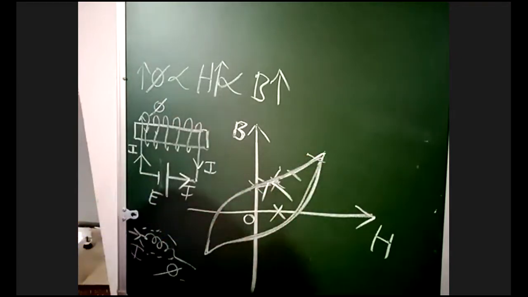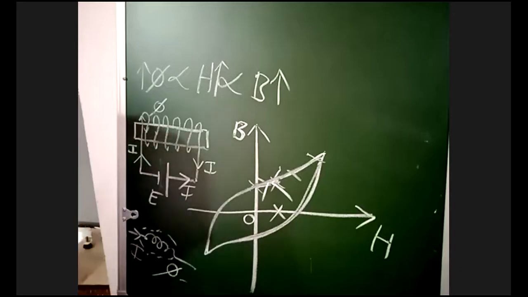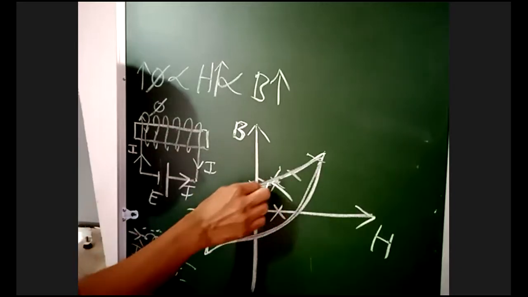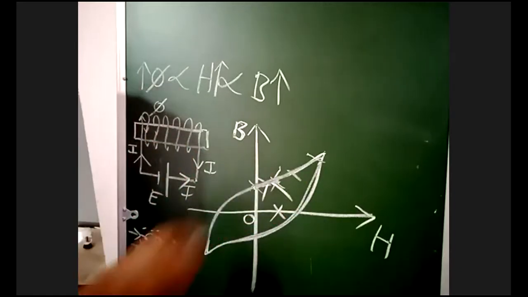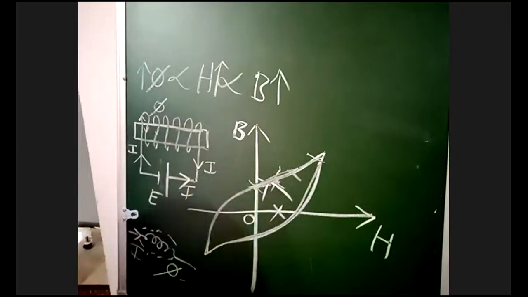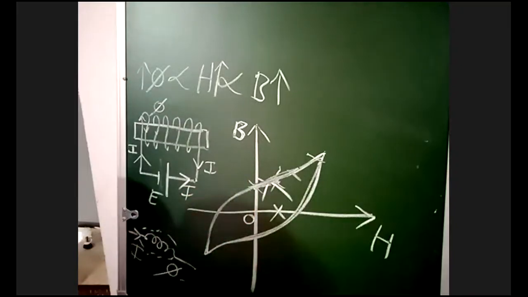Actually, this curve is not in your syllabus. Just listen, that's all. Now we are magnetizing the iron piece in the forward and backward directions. Why can't we magnetize the iron piece only in the forward direction? What is the necessity of backward direction magnetization?